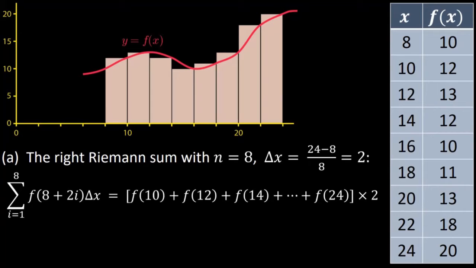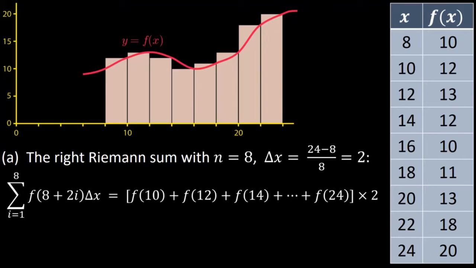So this gives 8 terms, which I'm going to simply add up. Then I'm going to have to multiply by delta x, which is 2. I've taken the liberty of factoring out delta x from the sum, which is a common factor. You can think about the summation notation on the left as well, although the problem didn't ask us to express the sum in summation notation, so you don't really need to write this down unless the problem asks.